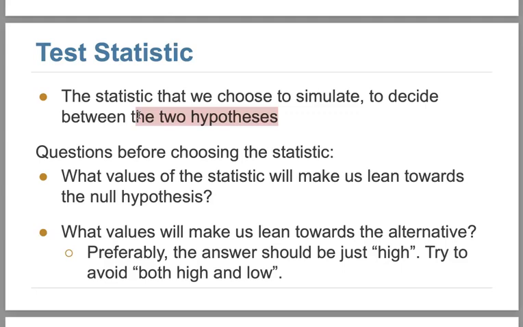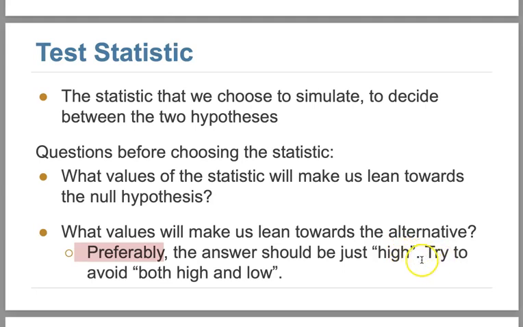What values of the statistic will make us lean toward the null hypothesis? And what values will make us lean toward the alternative? Preferably, the answer should be either just high or just low.